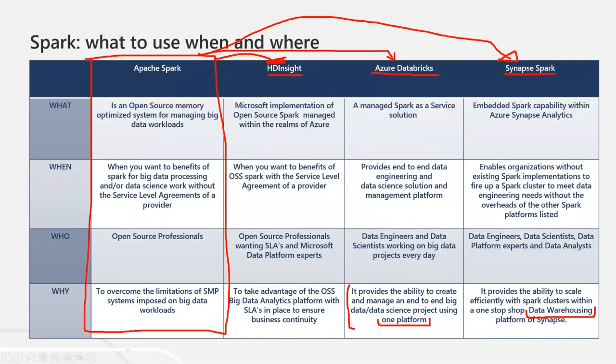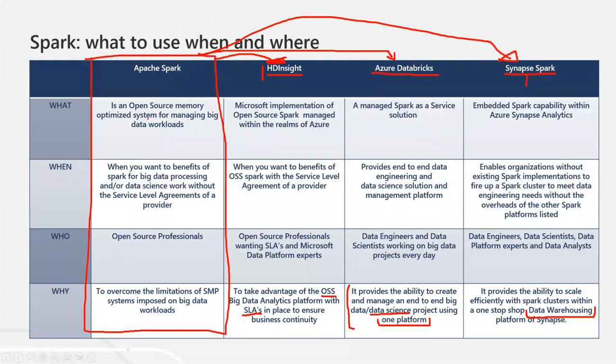Remember, Synapse, data warehouse; Databricks, data science, big data analytics. HD Insight, same thing, but it can take advantage of other things like OSS, but I will not talk deeply about those concepts. And especially if you are concerned with the service level agreement, then use HD Insight. Okay.